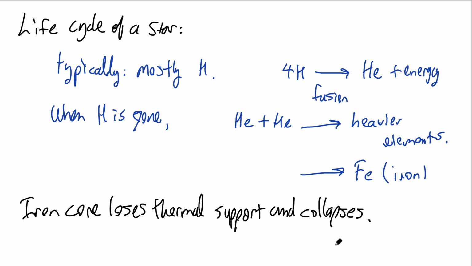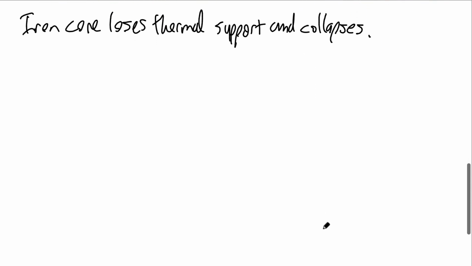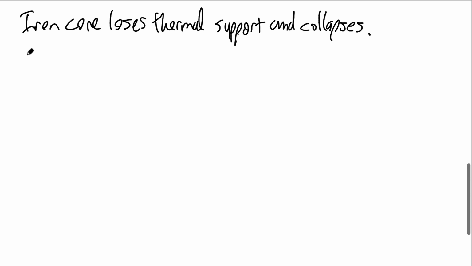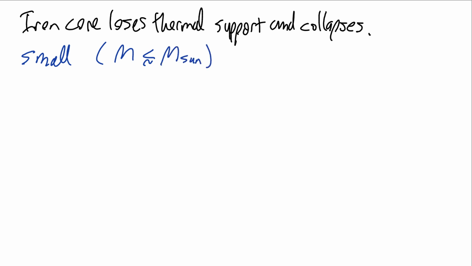Now the details of what happens depend most crucially on the mass of the star. So if the star is small, so a mass less than about the mass of the Sun, then the end product is what's called a white dwarf. Now a white dwarf is supported from further gravitational collapse by electron degeneracy pressure.